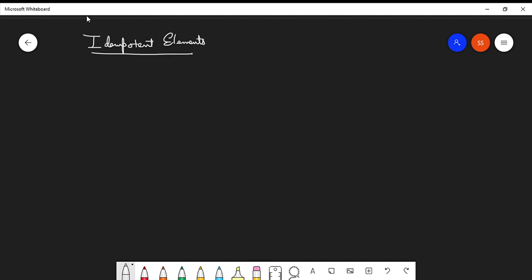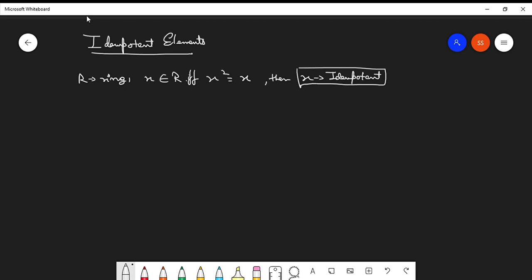So R is a ring, and you take an element x from R, and you get x square is equal to x. If this happens, then x is said to be an idempotent element, and the set of all idempotent elements gives you an idempotent set. What were the nilpotent elements?